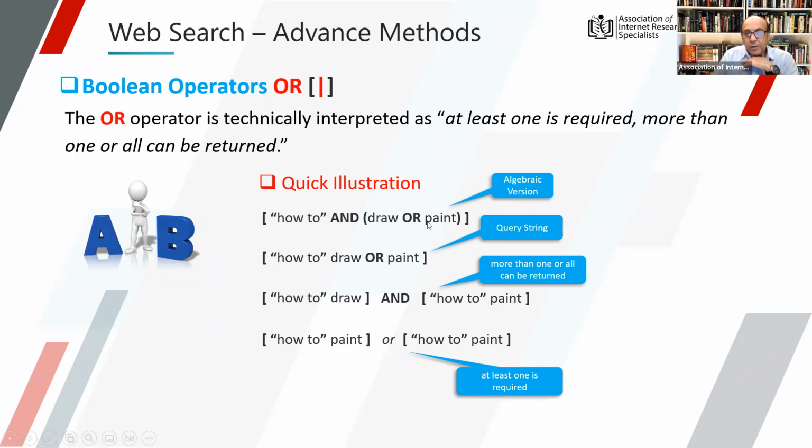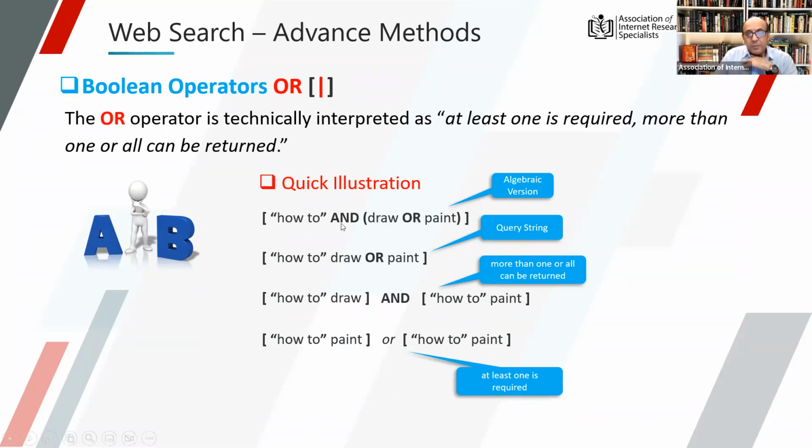So it's not what you're going to put in the query. How you're going to present it as a search query is shown in the next one, which is without using the parenthesis and without using the AND. You don't need an AND anymore here. That's what I'm trying to say.